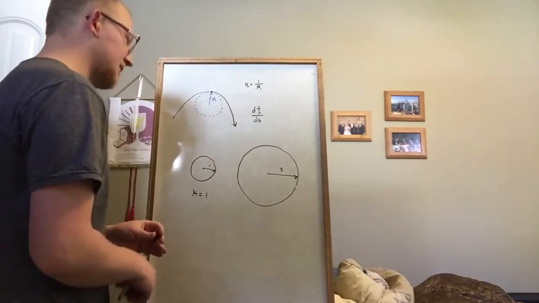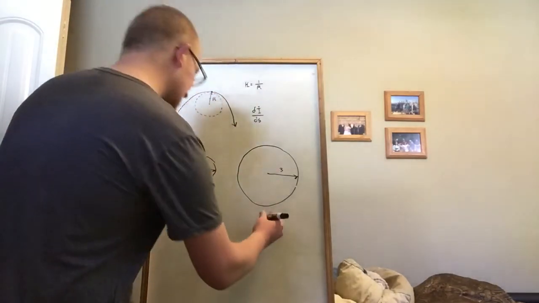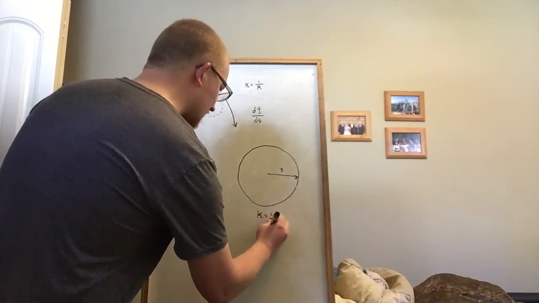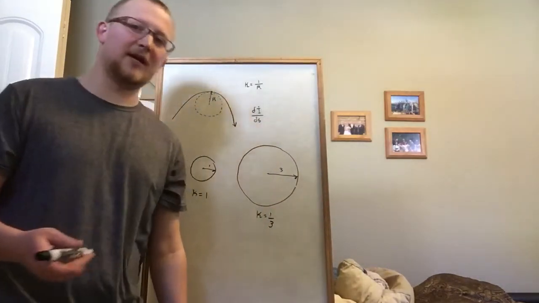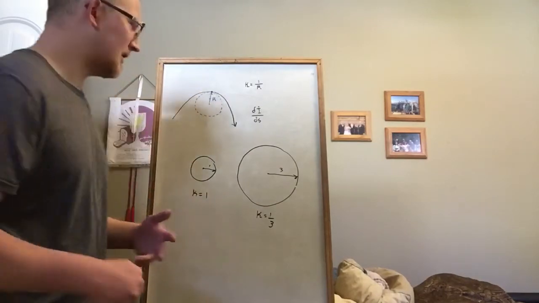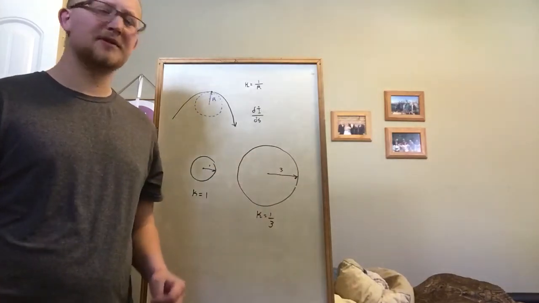So that's a curvature of 1, whereas kappa for the bigger circle is 1/3. So the bigger the circle, the less the curvature, which seems odd because you'd think, isn't the curvature constant? They're both circles.